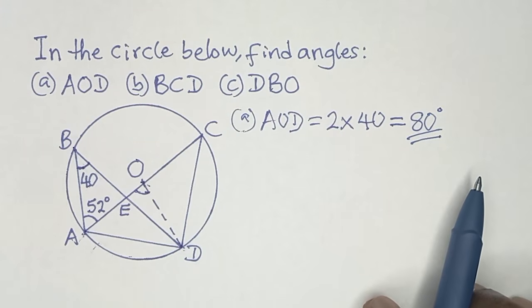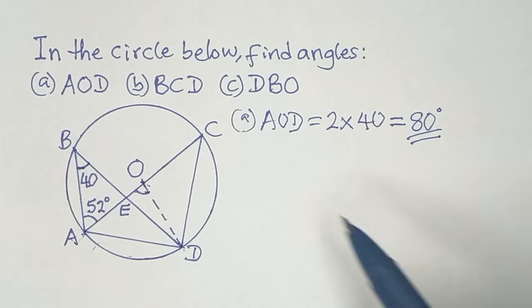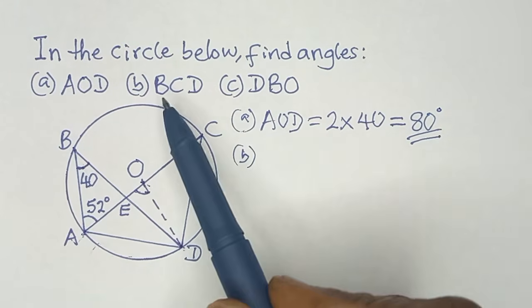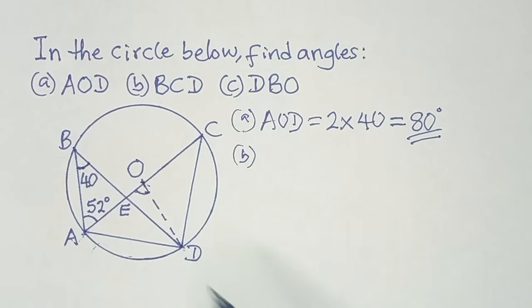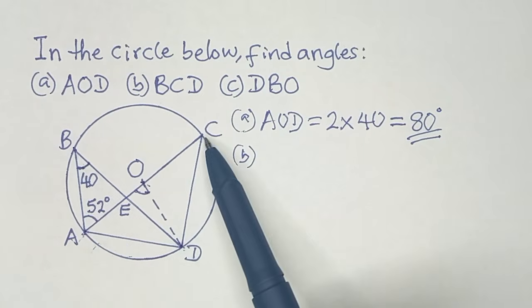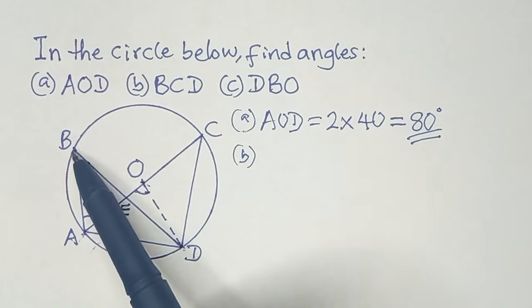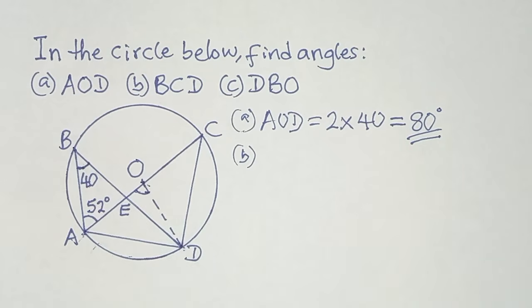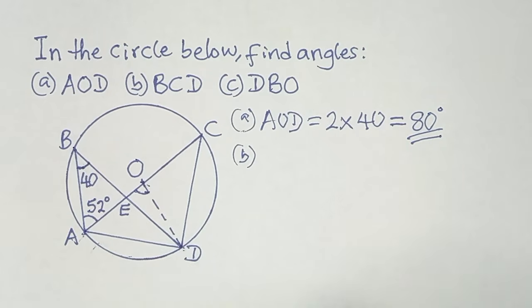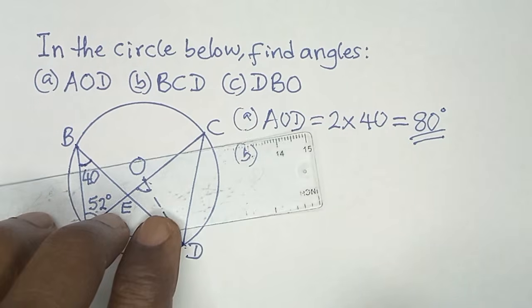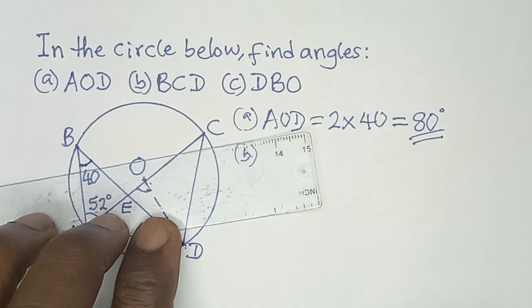And that settles that. Now let's move on to question B, where we are asked to find angle BCD. BCD. Now if you look again, the line BC is not drawn on the diagram. So I'll also sketch it out so that we can see how to use it correctly.